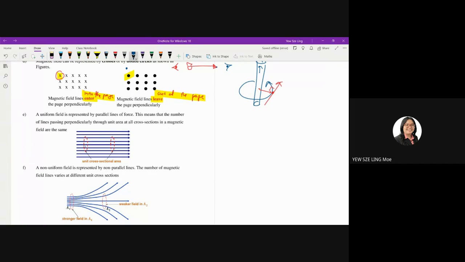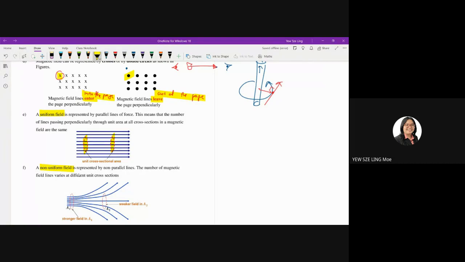All right. So now if you put a ring right here, and another ring here, the number of lines that pass through it are equal. That is what we call uniform. But if you have non-uniform field lines, then it is represented by non-parallel lines. Just now we had uniform, and now we have non-uniform.